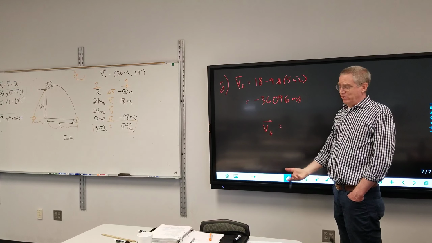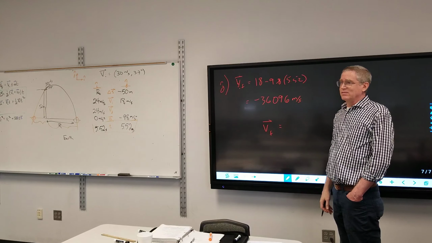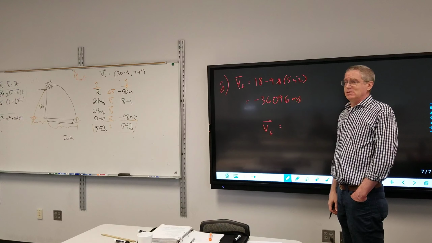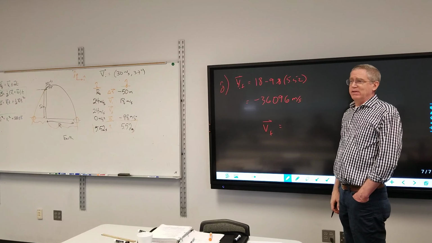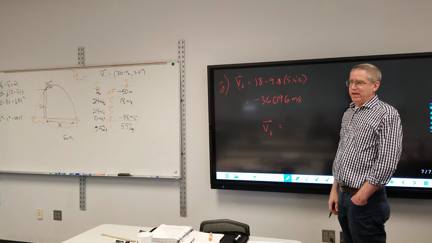Remember, we have two forms. We have rectangular and we have polar. We don't have it in either.